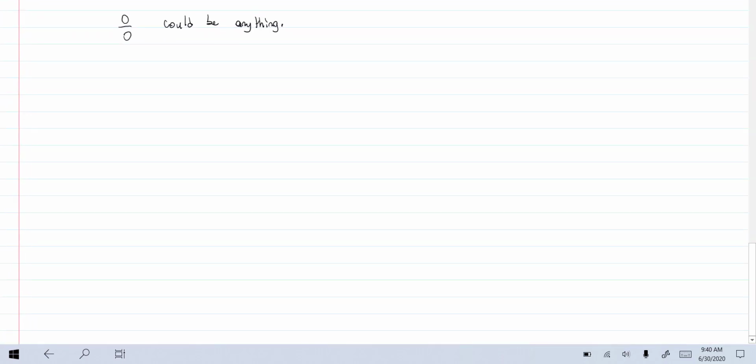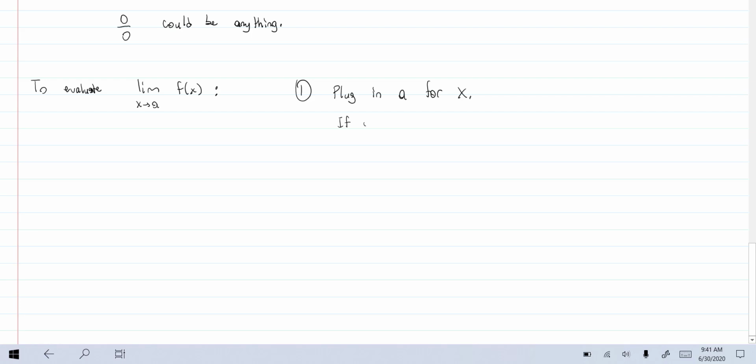But wrapping things up, if you want to evaluate the limit as x approaches a of f of x, the first thing you should do is just plug in a for x and see if you get a number out of this.